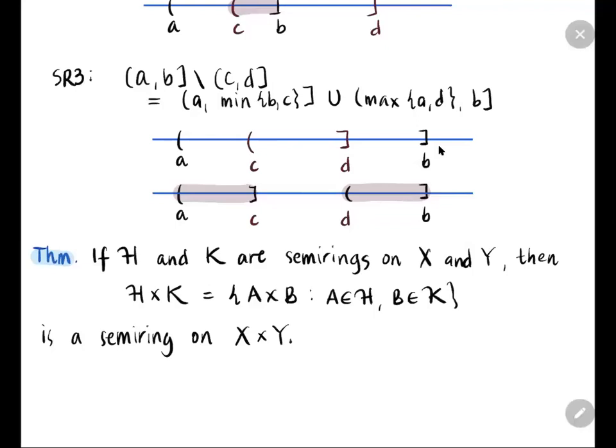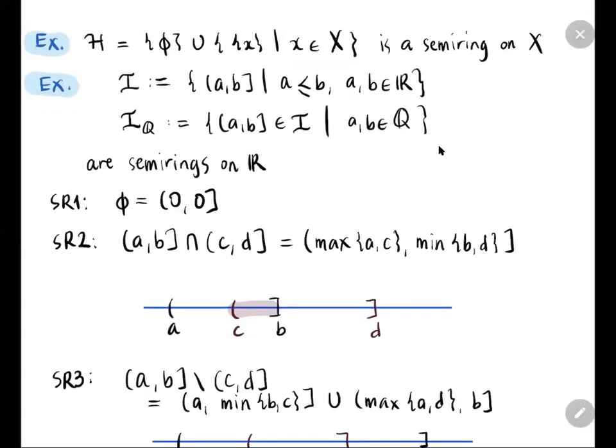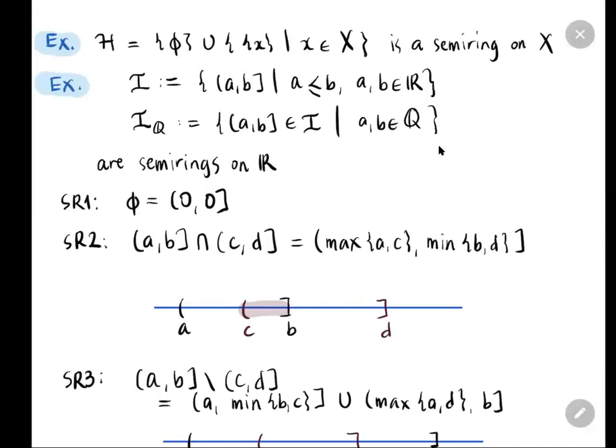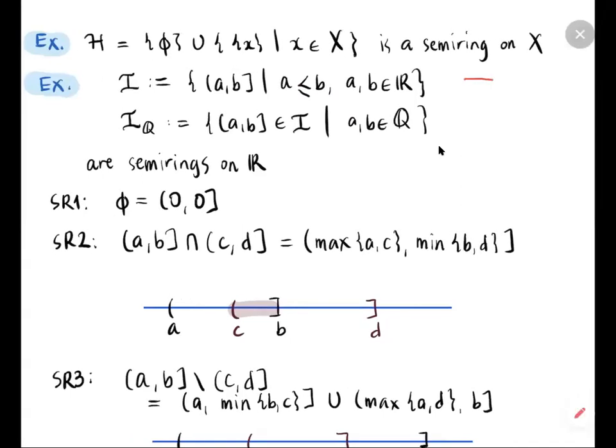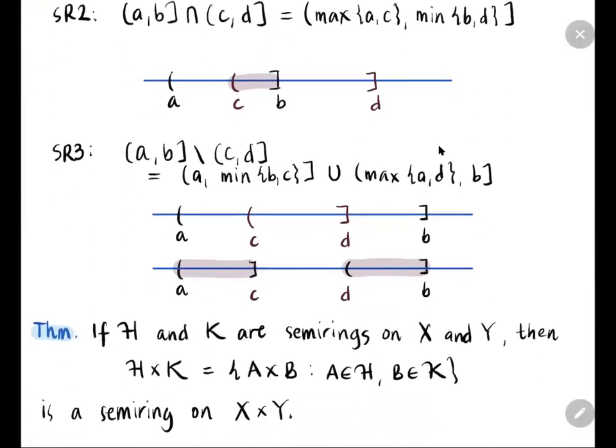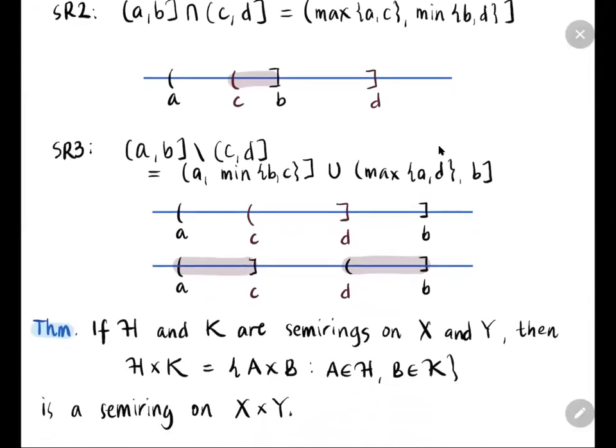Okay, so on the second example, we would like to generalize this in multi-dimensions. In other words, we would like to show that the n-dimensional analog of this example is also valid in R^n. Well, in order to do that, we need the following theorem.